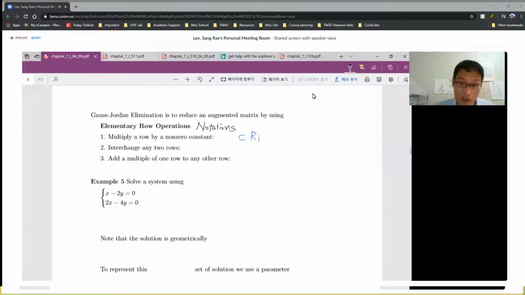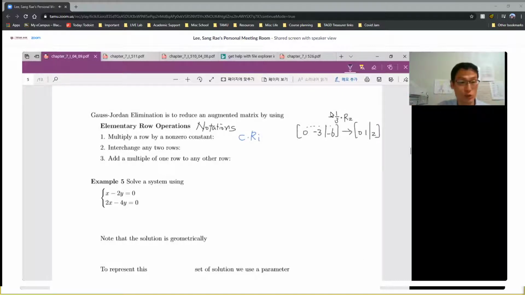So in the previous example, we had 0, -3 with -6 in the bottom row. And then we multiply -1/3 to the second row to have 0, 1, 2. So this is always possible.